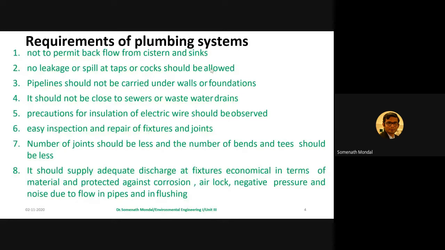Another thing could be the wastage of water, and if it happens in main pipes, or in the connection where main pipes and your service pipes are connected to each other, then the loss of water will be huge, and that will actually affect the overall cost of the scheme. So that is the reason we have to ensure that all joints are perfectly watertight, and there is no provision of leakage or spilling of water through the taps and other appurtenances.